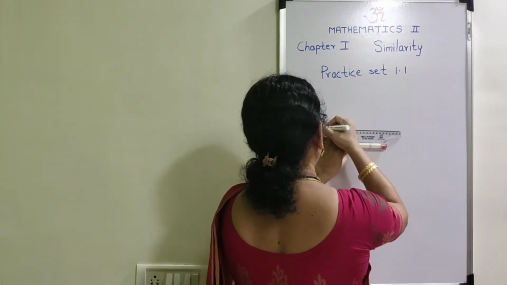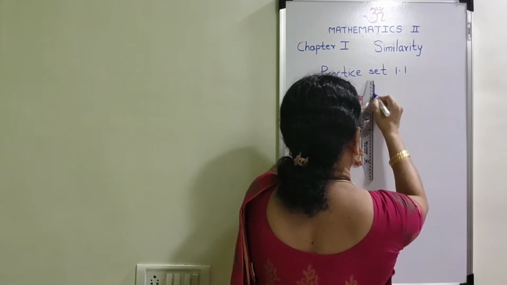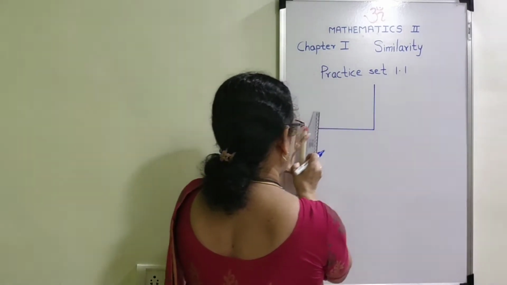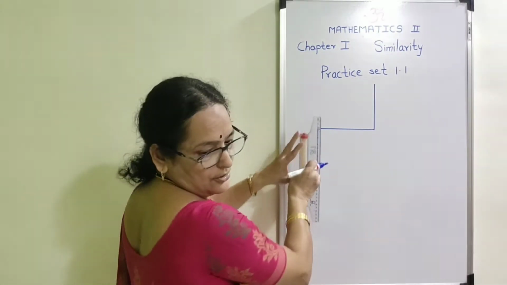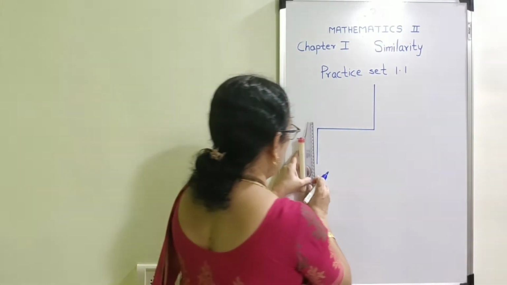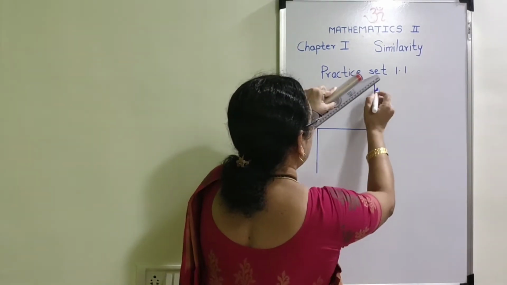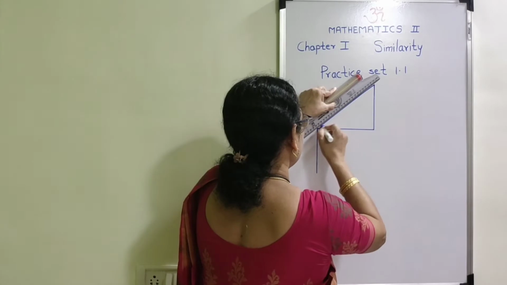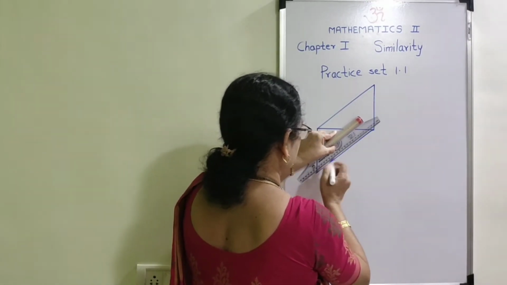two right angle triangles are given. When you are going to solve the examples in your notebook, draw the figure with the proper shape which is given in your textbook. This is the first right angle triangle given and this one is the second right angle triangle given.